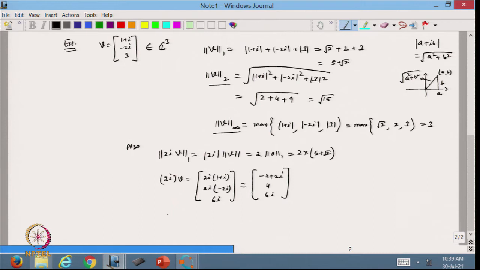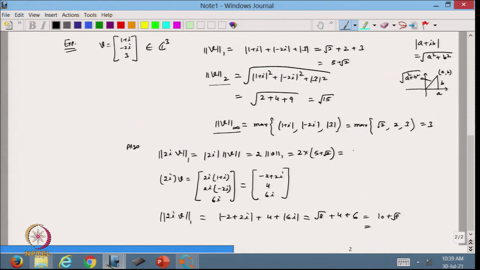Now, I define the 1 norm of 2i v. So it is minus 2 plus 2i, plus 4, 6i, and here it is 2 square plus 2 square, which means 4 plus 4, 8 under the root, plus 4 plus 6, which is going to be 10.